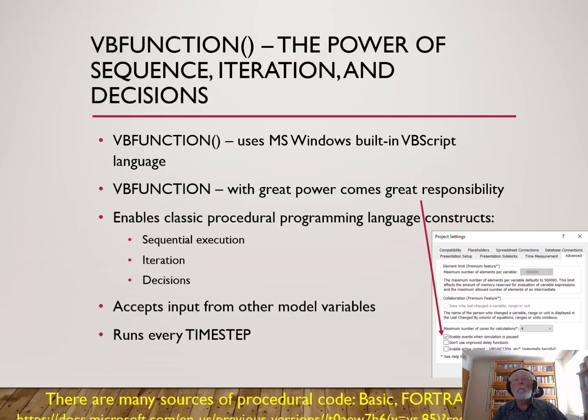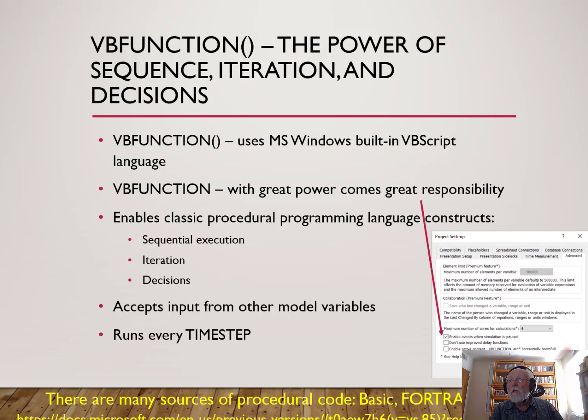Okay, so VBFunction, again, has great power and great responsibility. If you embed a VBFunction command anywhere in your model, Studio will warn you and ask whether or not you want to enable this active content. Because if you're evil or nefarious, access to VBScript allows you to do some very interesting things to the operating system.